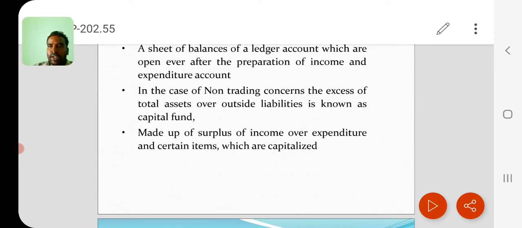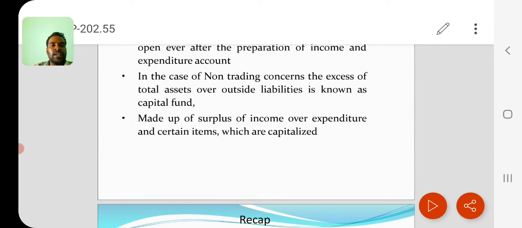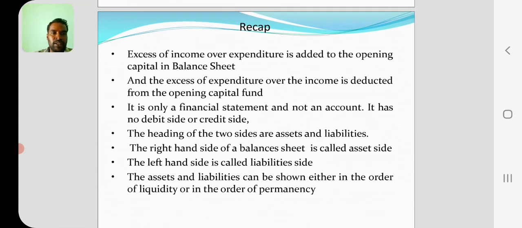For finding out the capital fund, we consider only the opening balances of the assets, not closing balance. It is made up of surplus of income or expenditure and certain items which are capitalized. Whatever the capital items are there, that should be posted in the balance sheet.